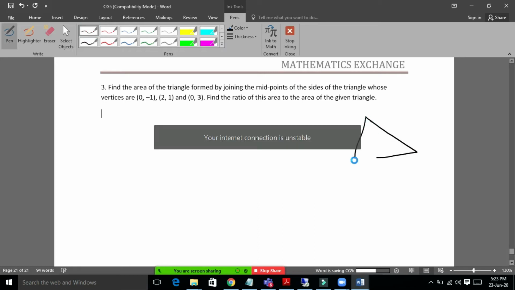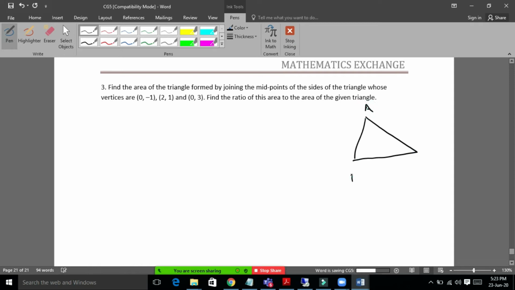So we draw here one triangle, triangle ABC, and we give the vertices having coordinates (0, -1), (2, 1) and (0, 3). Now we have to join the midpoints. So let us consider these are the three midpoints of AB, AC and BC, and let us join these three midpoints.